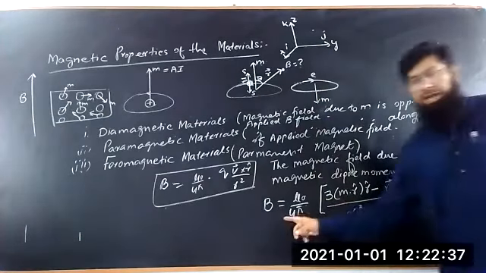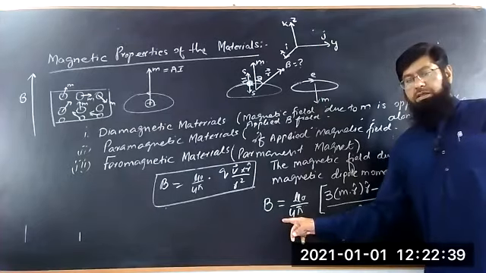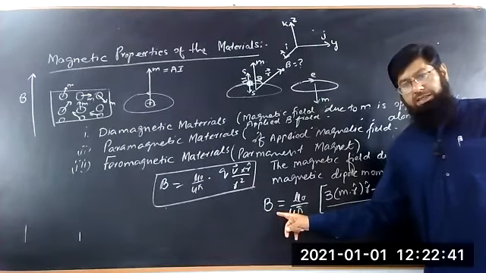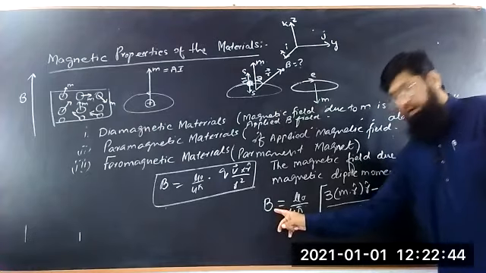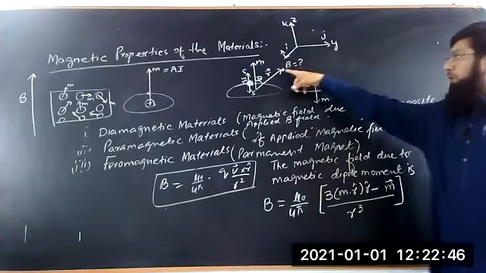So this is the magnetic field B. This is given in your fifth chapter exercise.